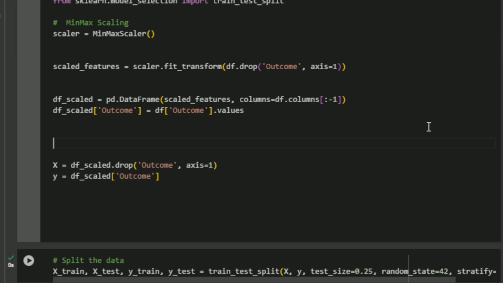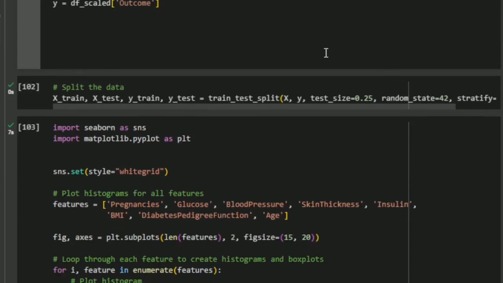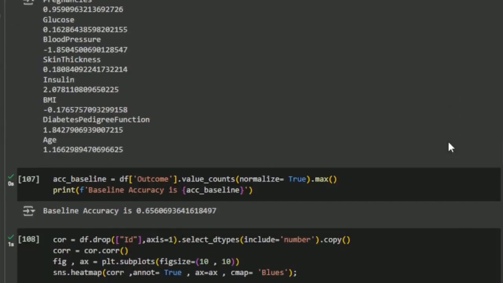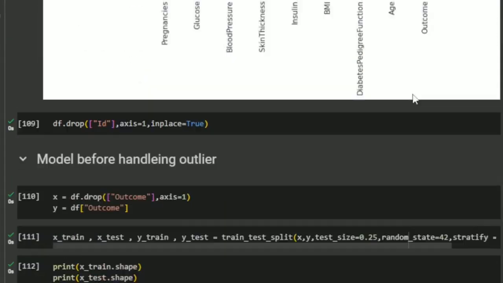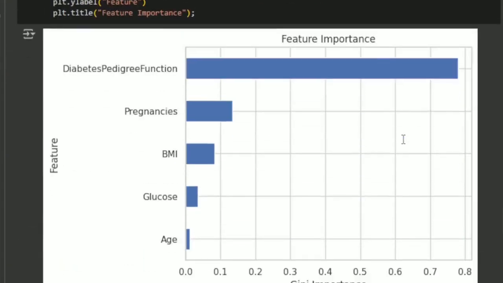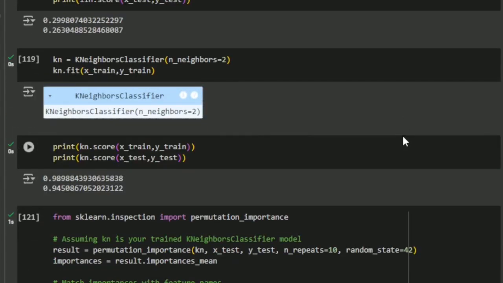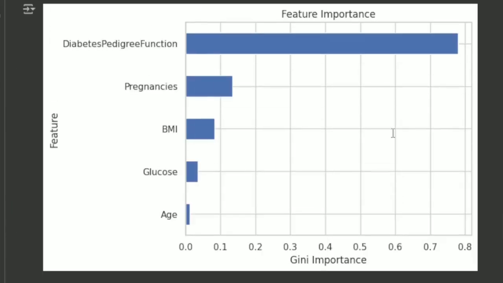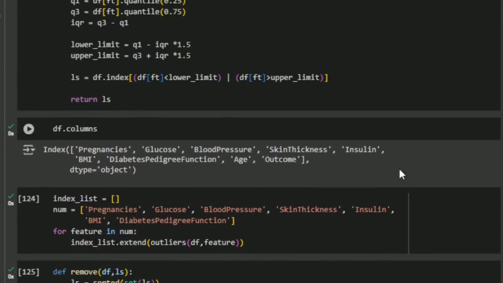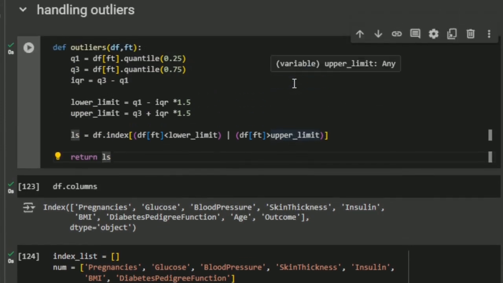Next, we dealt with outliers. Outliers are extreme values that can distort our model's understanding of the data. We used the interquartile range, or the IQR method, to detect outliers in features such as insulin, skin thickness, and age. This method calculates the range in which the central 50% of the data lies, and any value outside this range is considered an outlier.